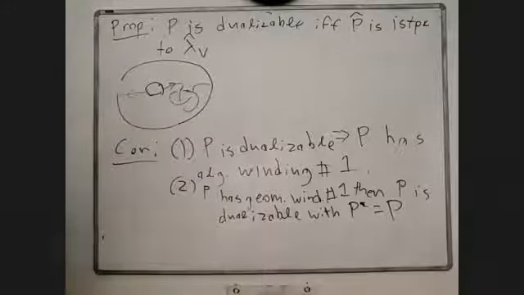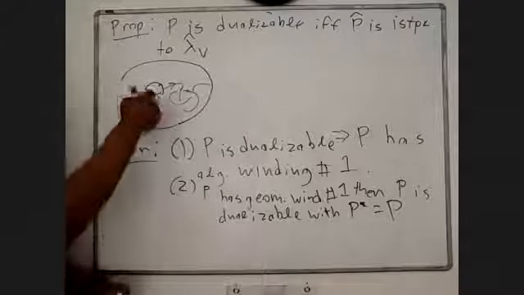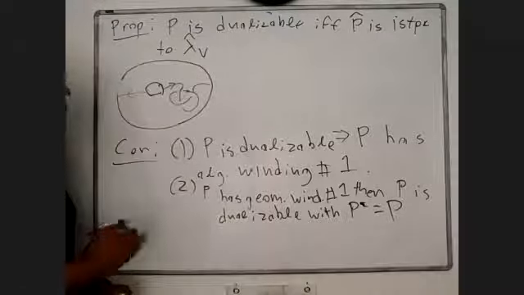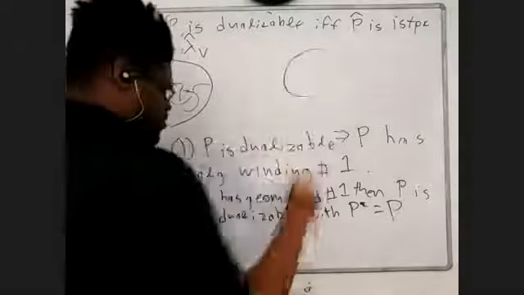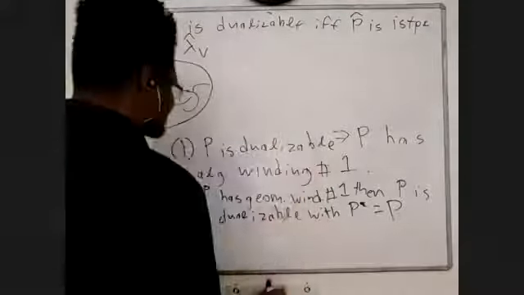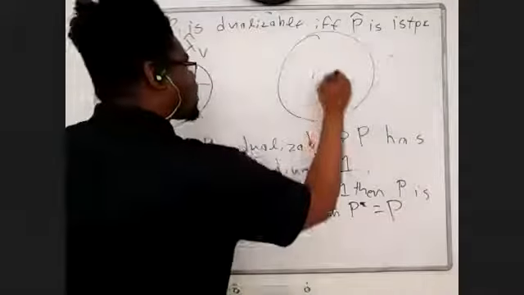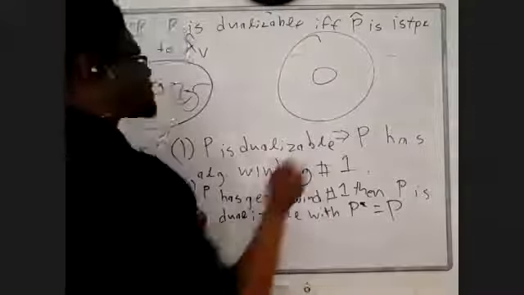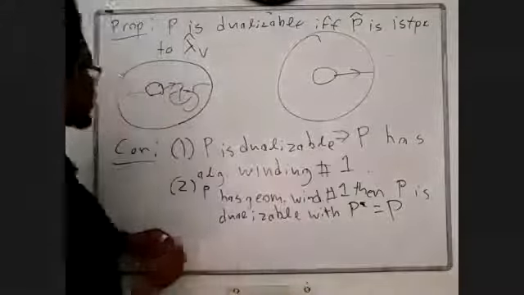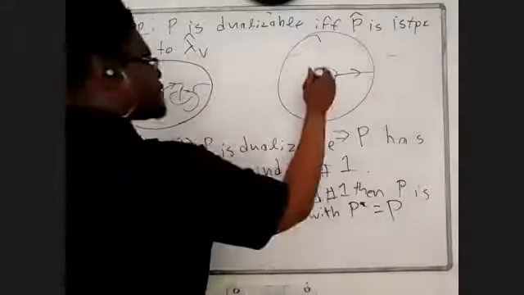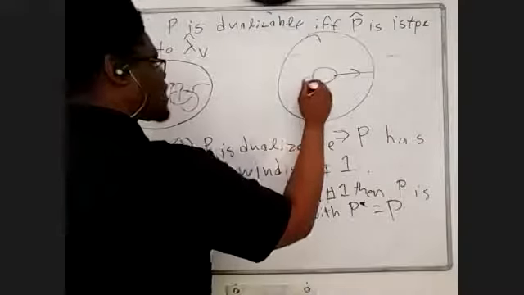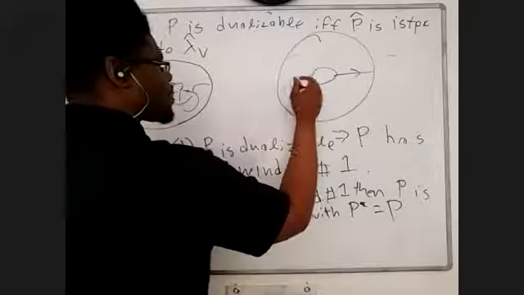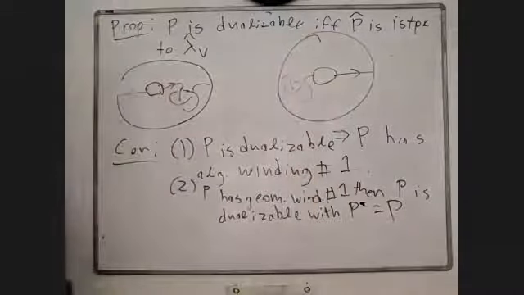The point is that we can isotope this just by taking our sphere here and dragging it along the knot until you get to the other side. And so we get this picture.